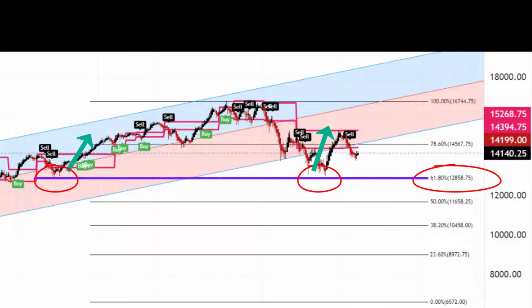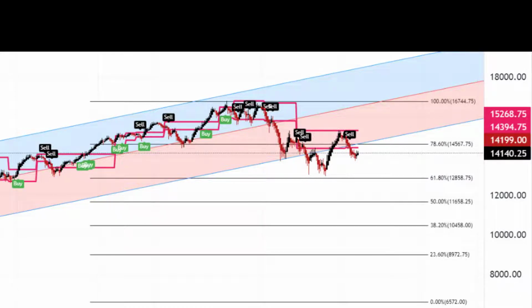So that to me is a super key area of support for the price at the moment. Below that it becomes very bearish, above it the bulls are still in control. That number is roughly around 13,000, so keep a close eye on that area.